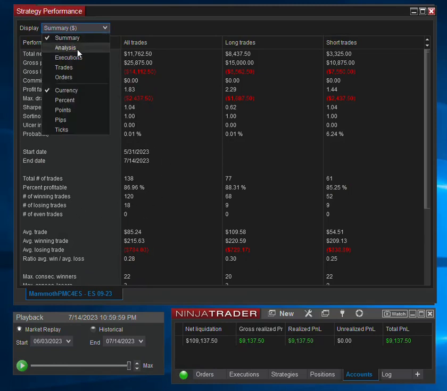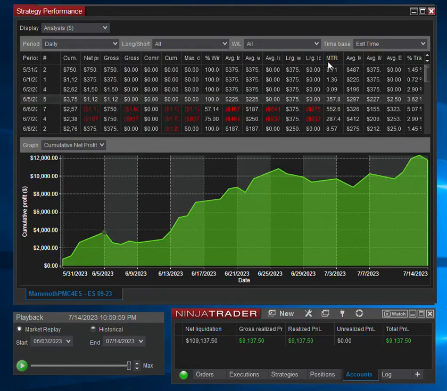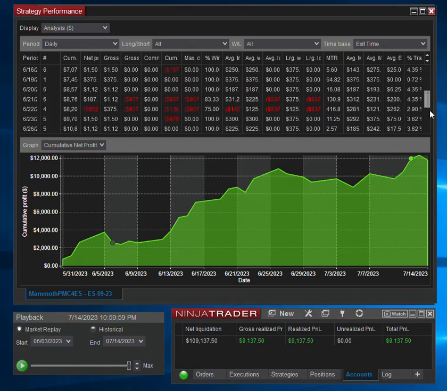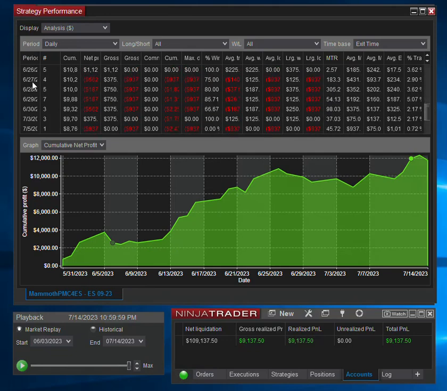And you look at the analysis and you can see the net profit. This is a down day, which is right there. The net profit is down 1,000, that's the maximum. But look, the trend is going up and it is nicely trending. But from June 27th to the 30th, we have four losing days in a row.